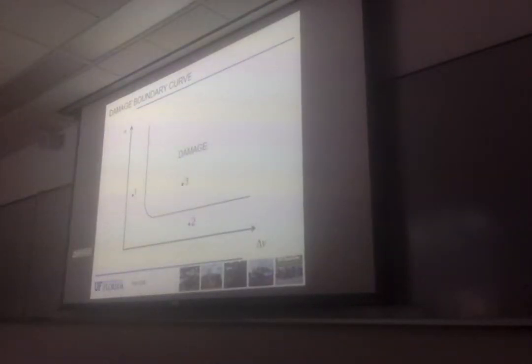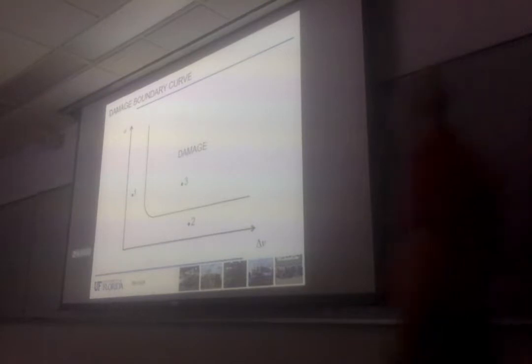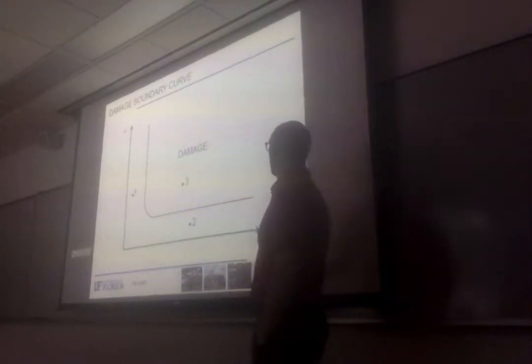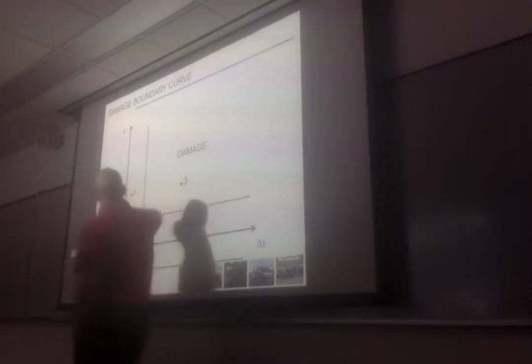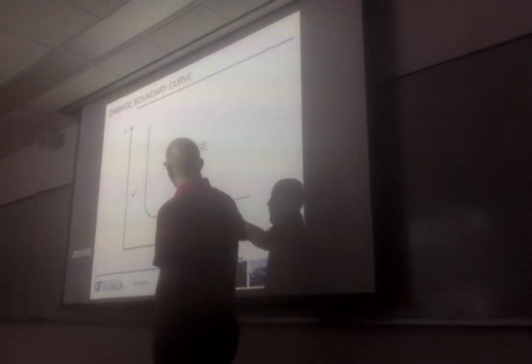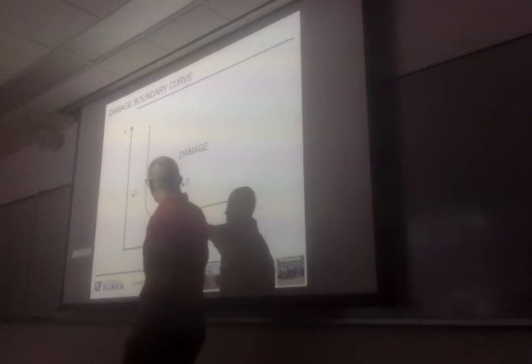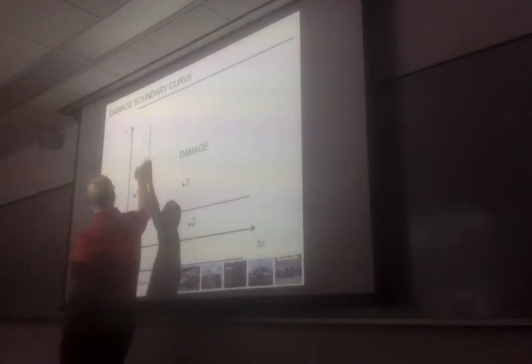So this is what a damage boundary curve looks like. It's pretty straightforward. It cannot be simpler than that. On the x-axis, you have a velocity change, and on the y-axis, you have acceleration. The tests we perform create this horizontal line and this vertical line.